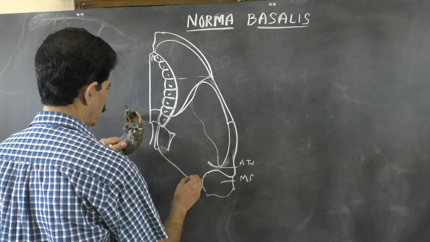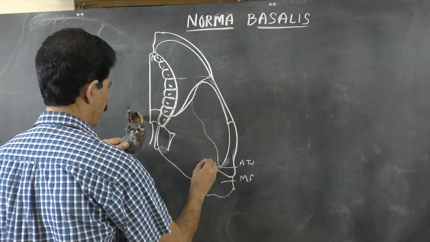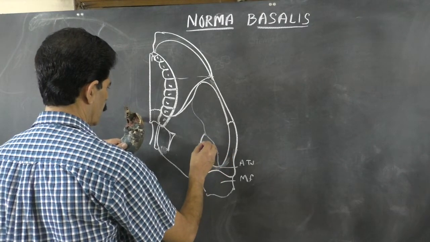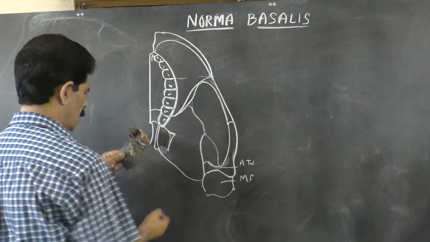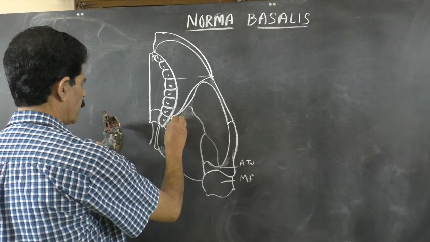So laterally, the articular tubercle and the zygomatic arch, this bone is the greater wing of the sphenoid bone.